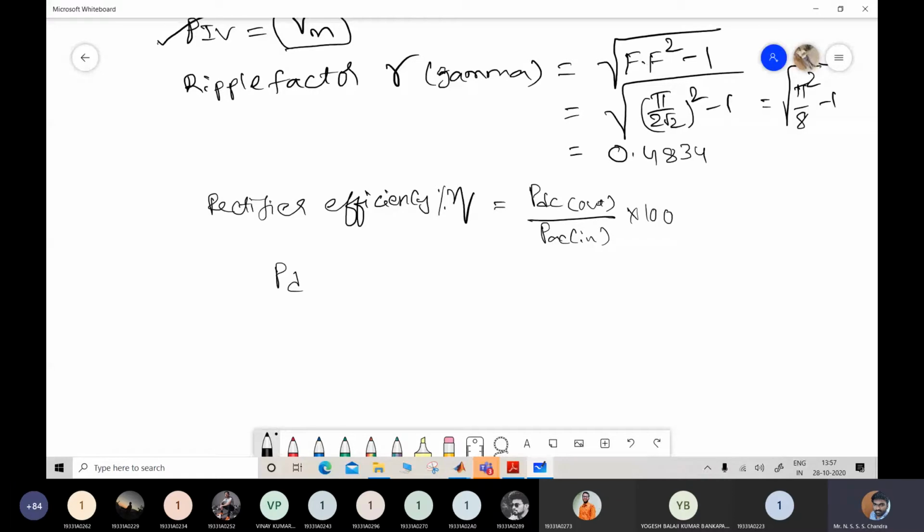So what is PDC out? It is VDC into IDC, right? Or if you want, you can write it as IDC square into RL. IDC square into RL.